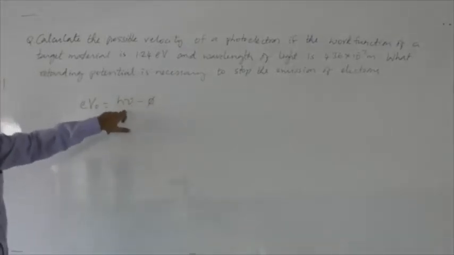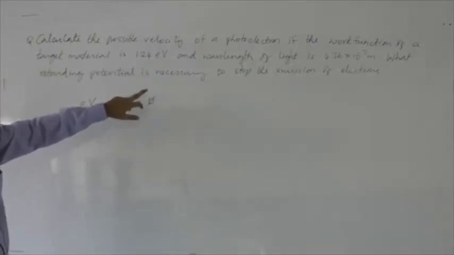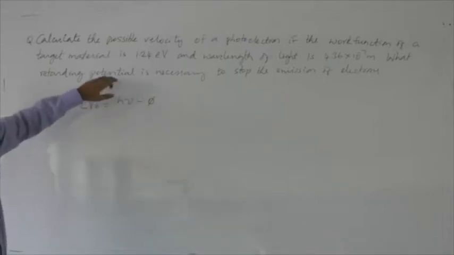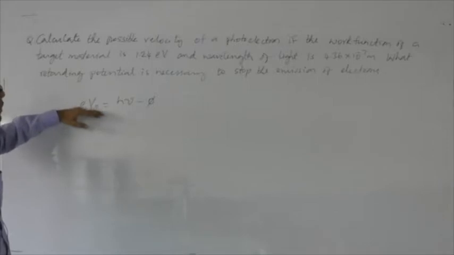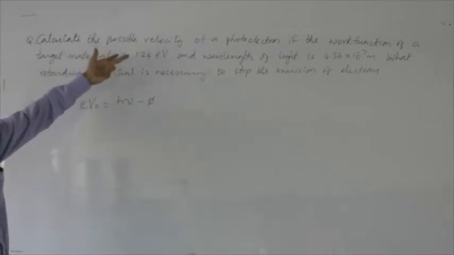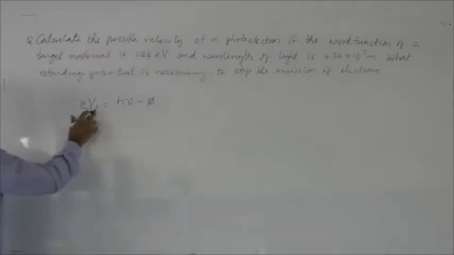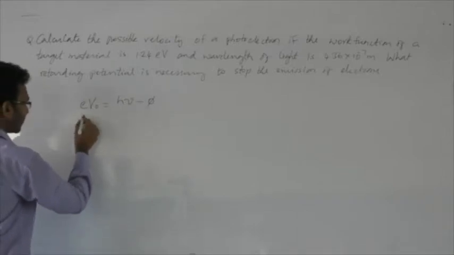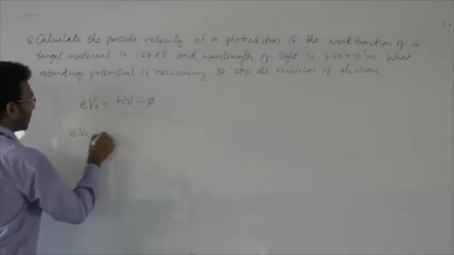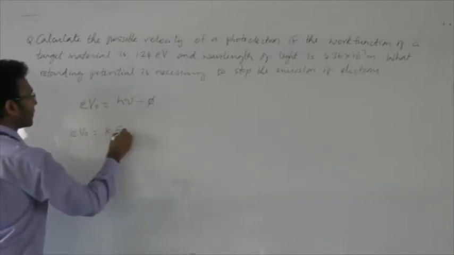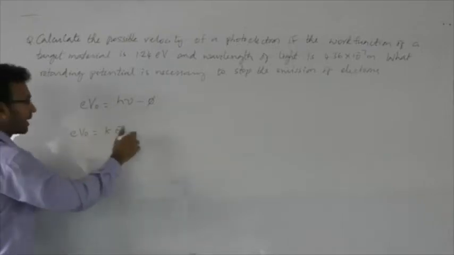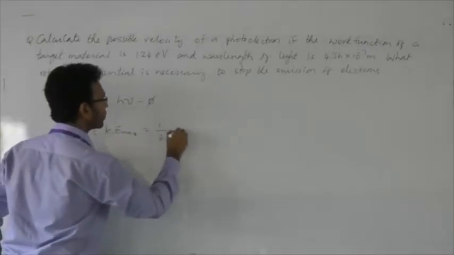Phi is there, nu is c by lambda, so hc by lambda, lambda is known. So you can find V naught from this equation. And then once you get V naught, you can find the velocity. eV naught is the KE max, and KE max is half mv square.